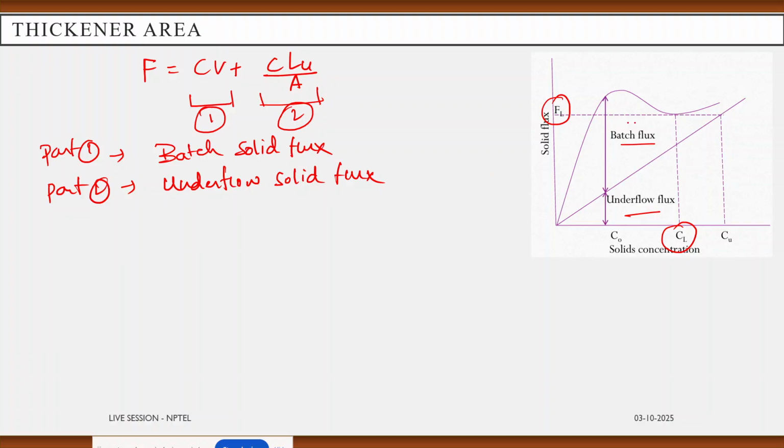So based upon this graph, we understood that FL is the limiting solid flux capacity.